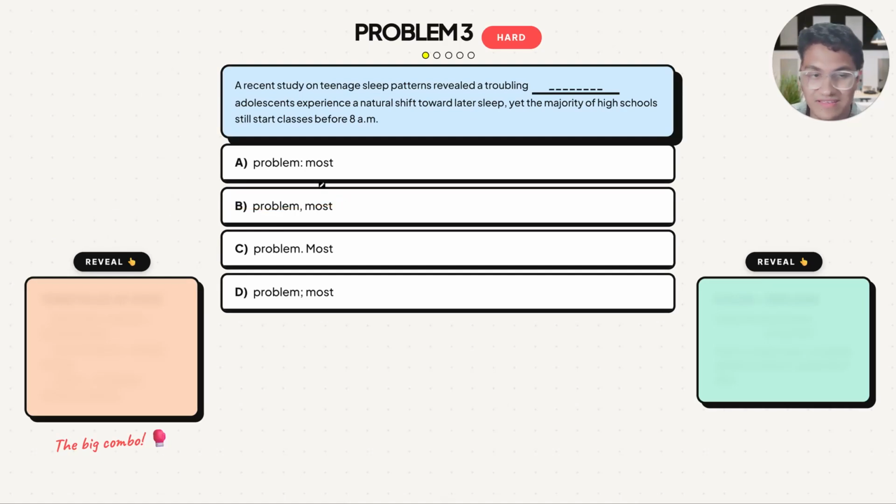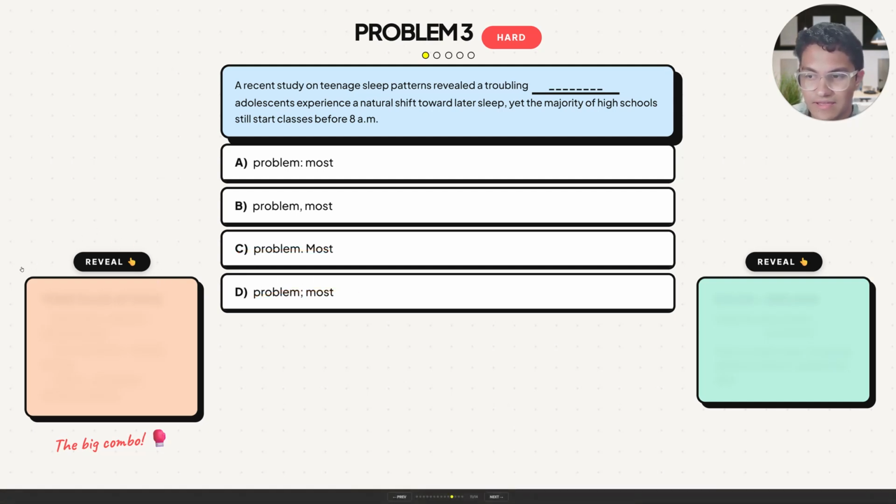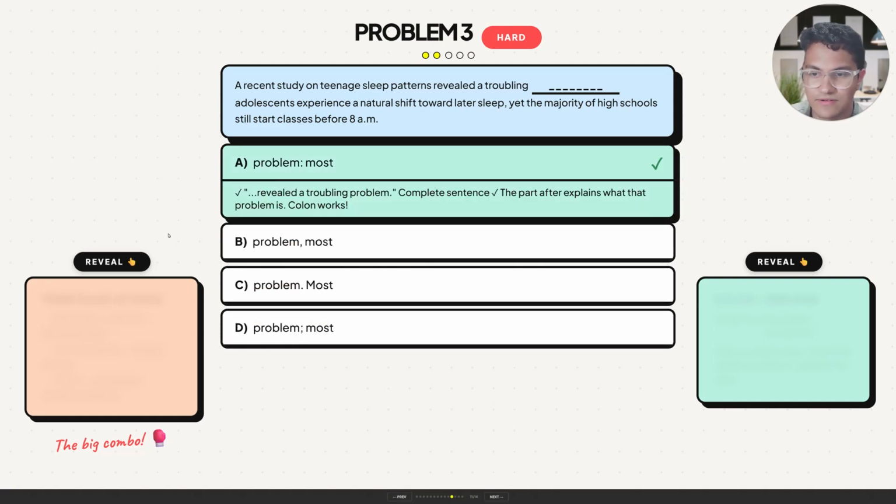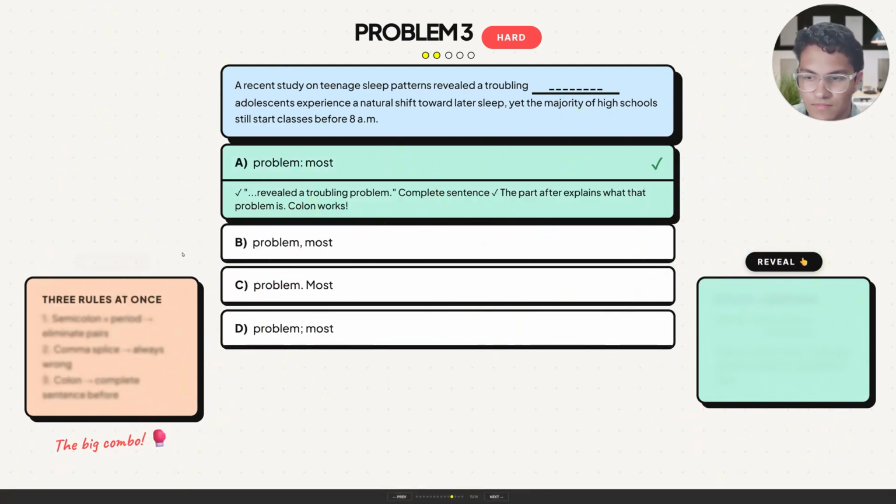You're going to be joining two complete sentences with only a comma. Then same thing as last time, you're going to be running through the semicolon period problem. C and D are incorrect for this reason, which means A is the only correct answer. Yippee! Now let's take a look at the tip.